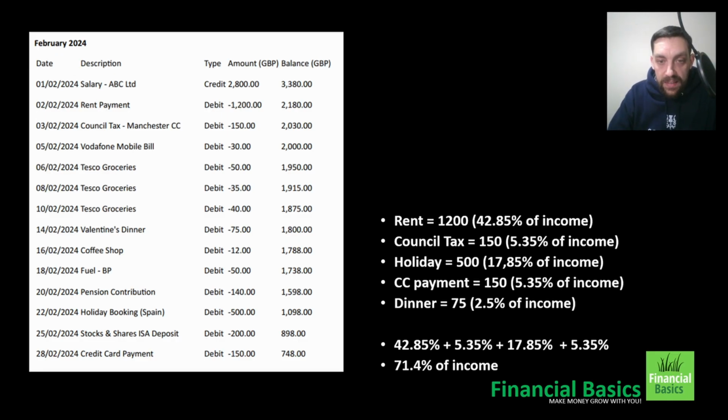The other way to analyze the budget is by looking at percentages of income. You want to do this because you want to see what portion of your income is going to specific expenses. You don't need to look at all of them, only some of the bigger ones, working your way down from the bigger values, because you want to get an approximation, as close as possible, of where your money is actually flowing.